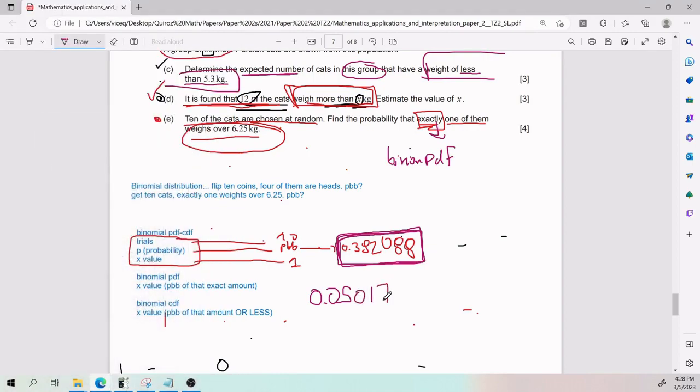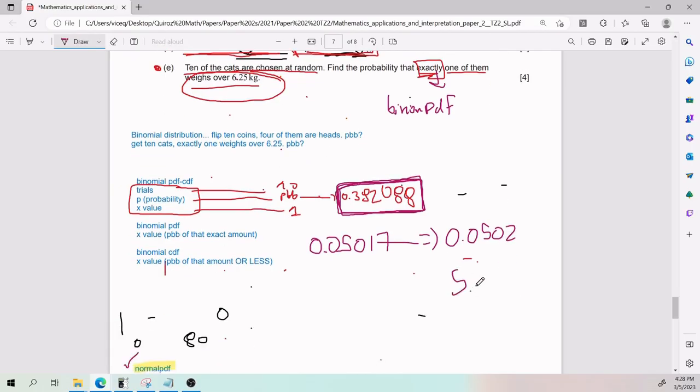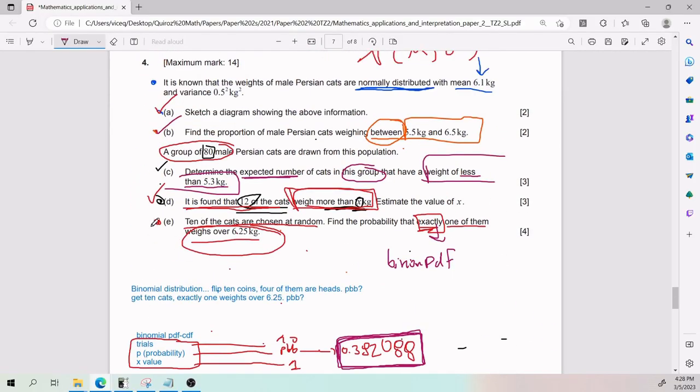First doing the significant figures, 0.0502, which is no different than 5.02%. So that's a pretty low number. It makes sense that it's pretty low. And so yeah, that is part E.